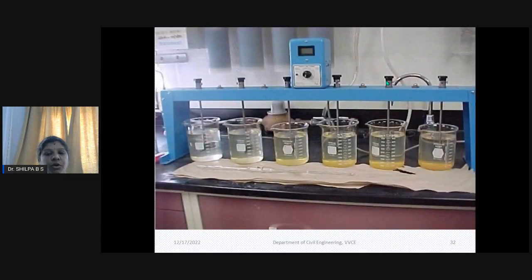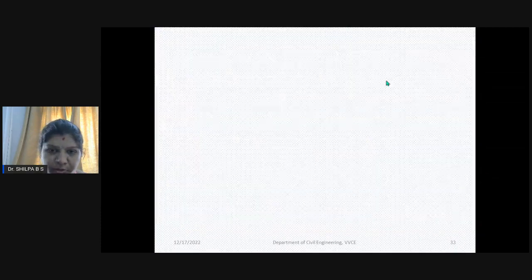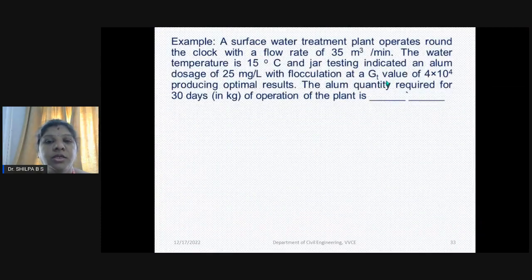Before we move on to flocculation, as you know, this is the jar test apparatus which we will be using to determine the optimum dosage of the coagulant. Let us look at one example here, which was asked in one of the previous papers. A surface water treatment plant operates round the clock with a flow rate of 35 meter cube per minute.